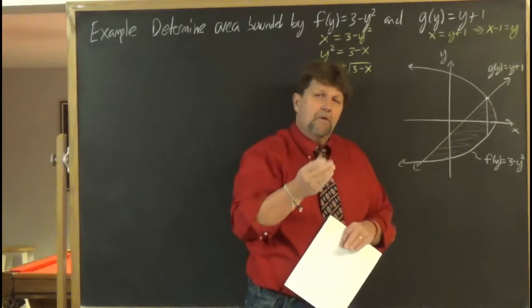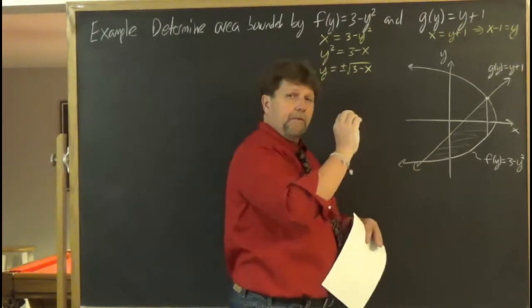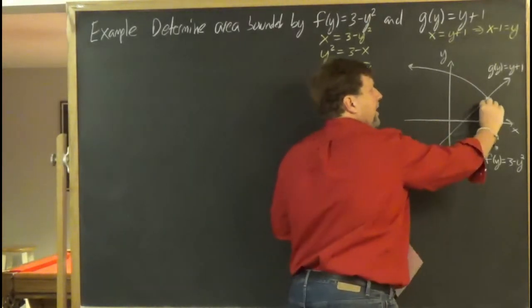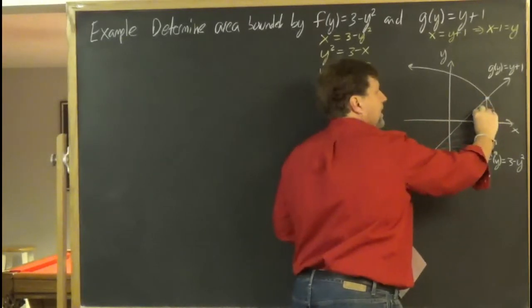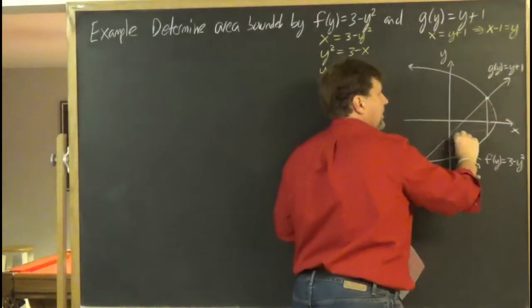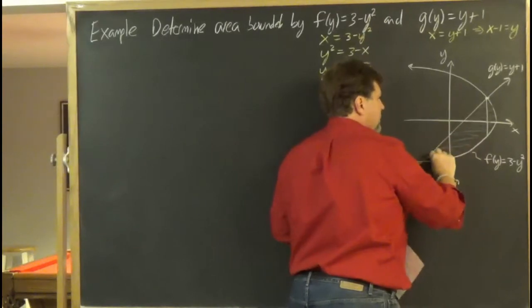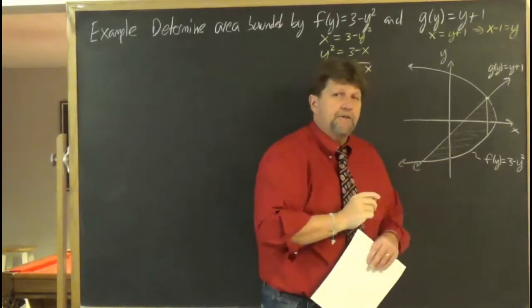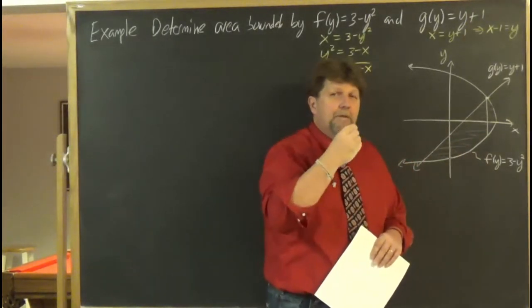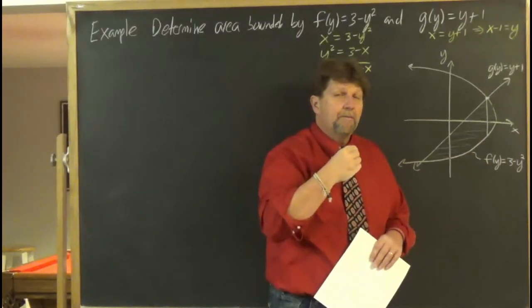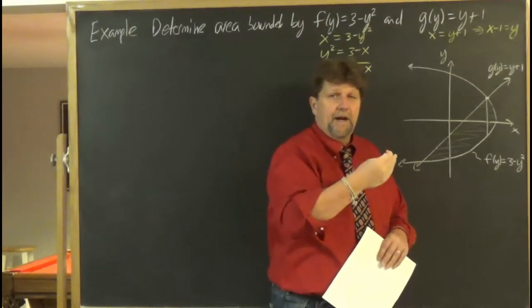So let's consider a horizontal rectangle. Notice, no matter where I put a horizontal rectangle, no matter where a horizontal rectangle goes into that region, now I'm not thinking top and bottom with a horizontal rectangle, I'm thinking left and right.